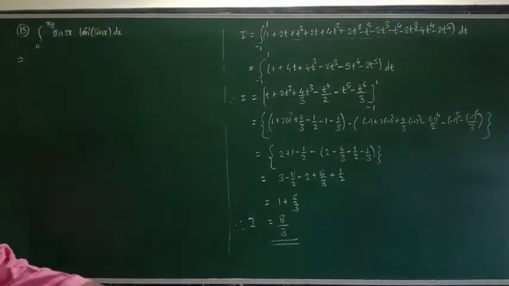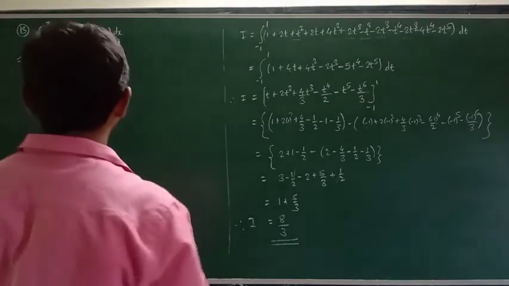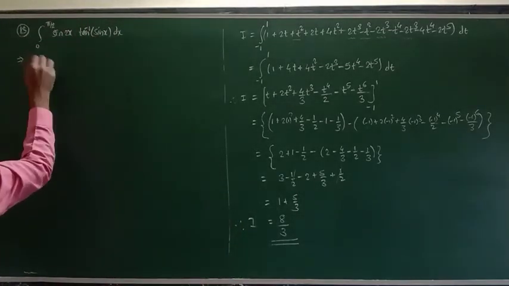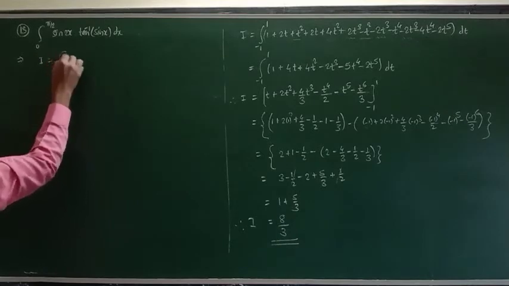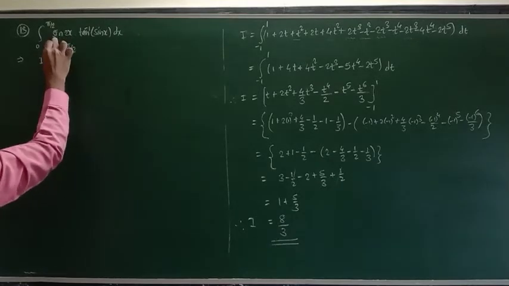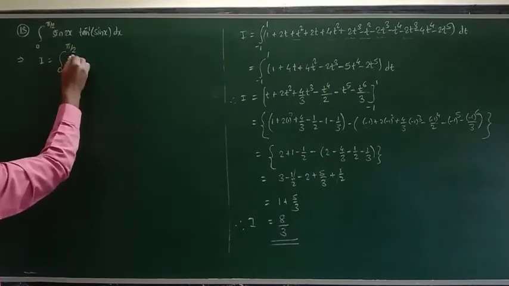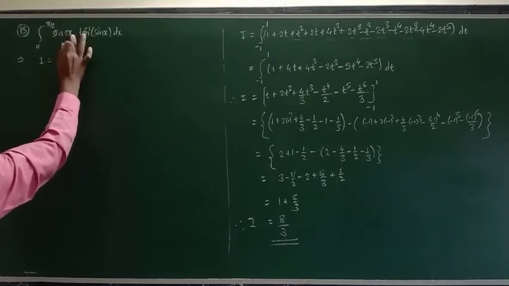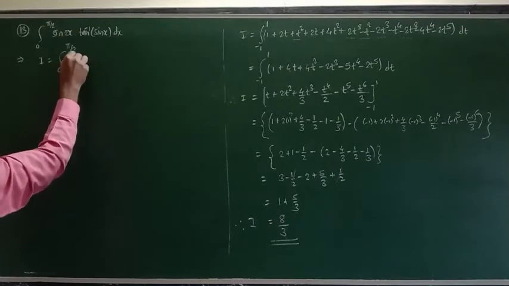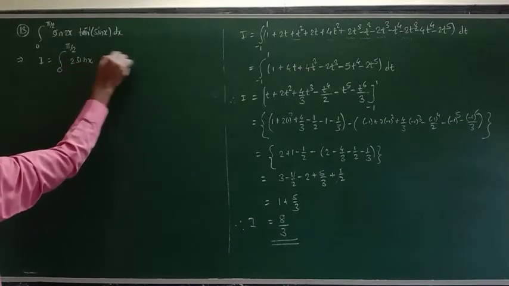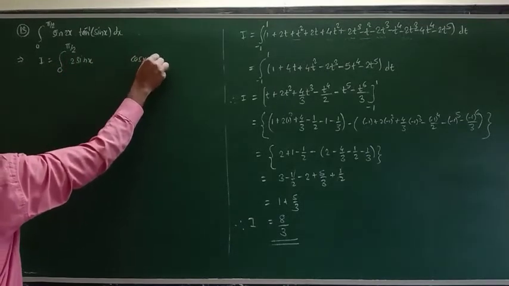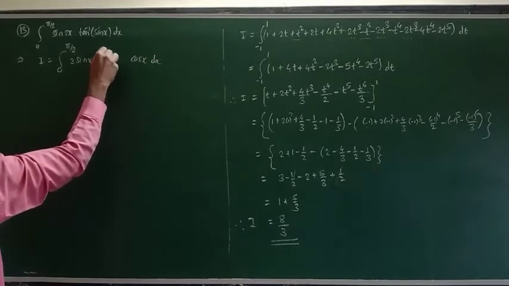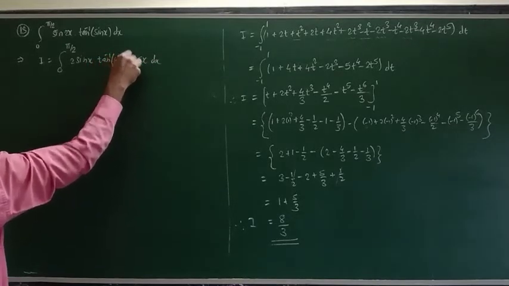Now I denote this integral as I. For sin 2x, I write the double angle formula for that, 2 sin x cos x dx into tan inverse of sin x.